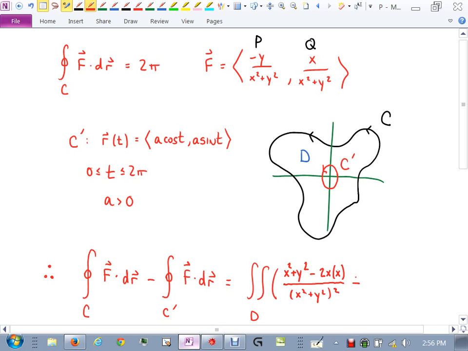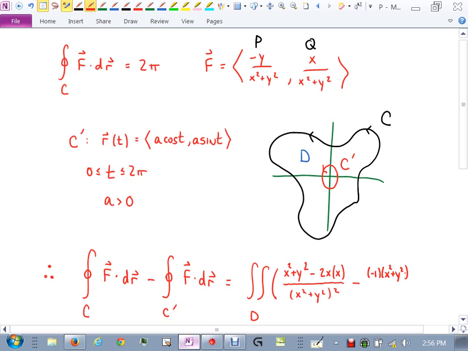So what's the derivative of P with respect to y? Quotient rule again. Derivative of the top is what? -1 times the bottom, x squared plus y squared. And then, what do we got?